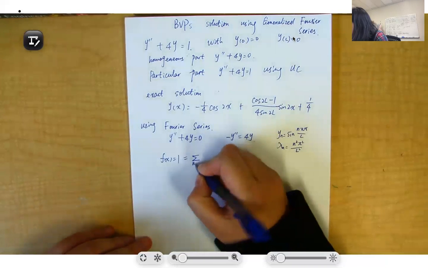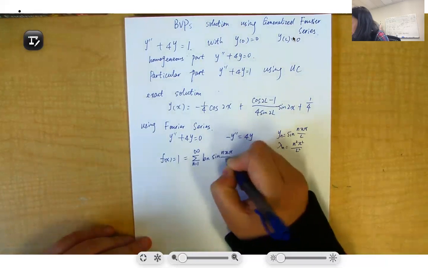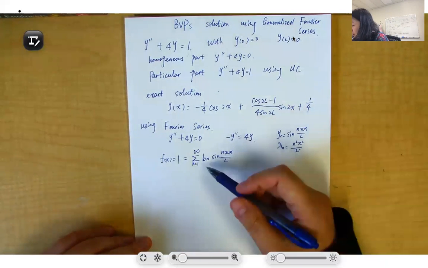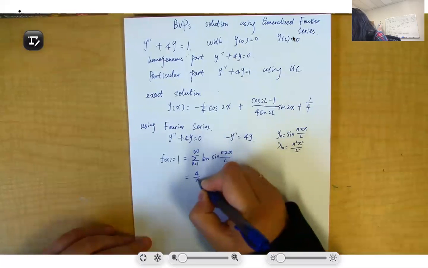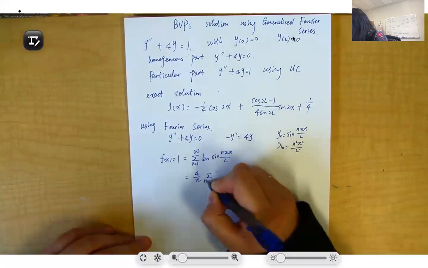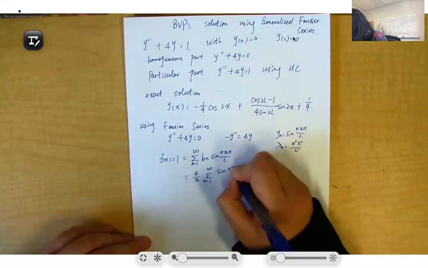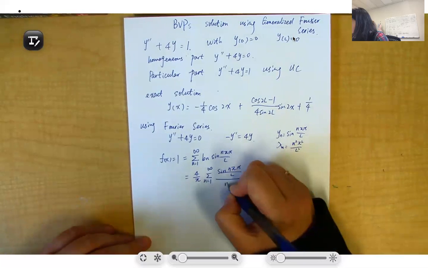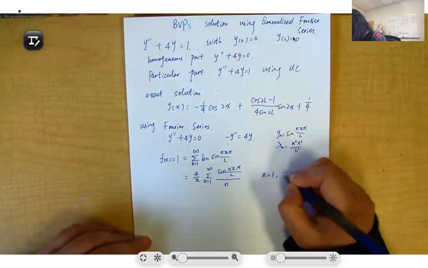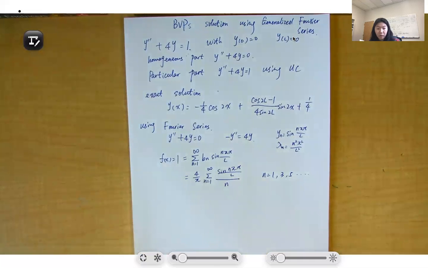So, sum from n equals 1 to infinity of b_n sine n pi x over L. After we solve for b_n, we get 4 over pi times the sum from n equals 1 to infinity of sine n pi x over L divided by n, where n is all the odd numbers: 1, 3, 5, until infinity.